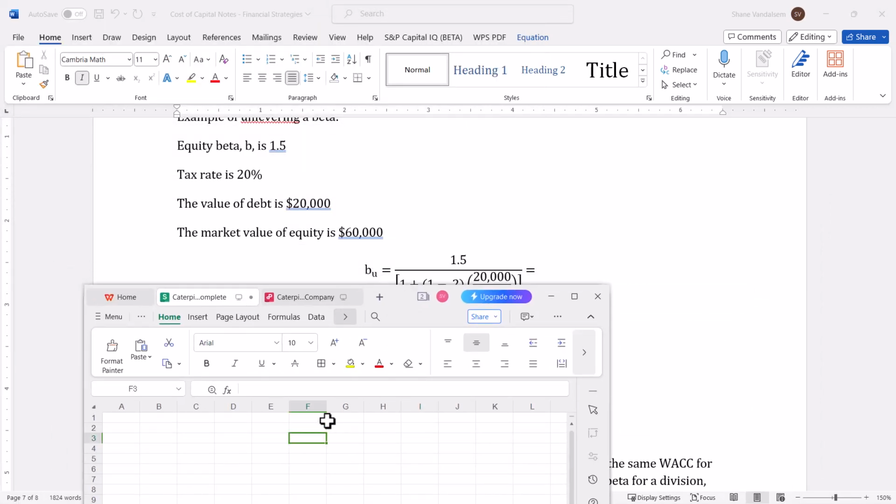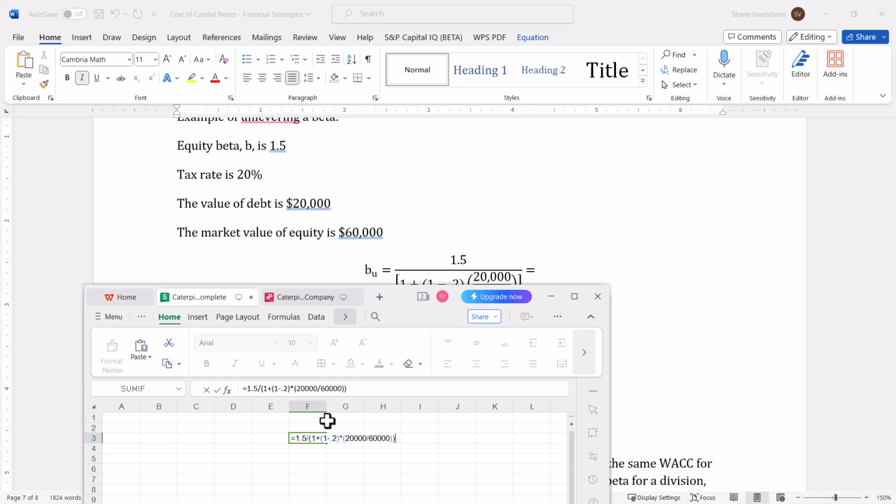I'm going to take equals 1.5, my numerator there, divided by, and then in parentheses I'm going to put in 1 plus, and then open parentheses again, 1 minus my tax rate of 0.2 multiplied by my weight of debt divided by weight of equity, or the value of debt divided by the value of equity, 20,000 divided by 60,000, and then close parentheses again. And it's important to have those parentheses in the right place. You're going to get a very different answer.